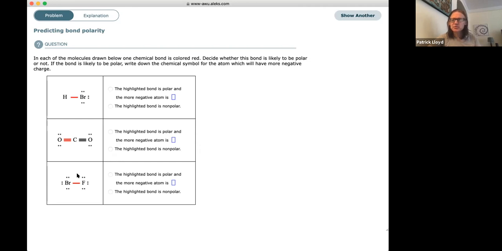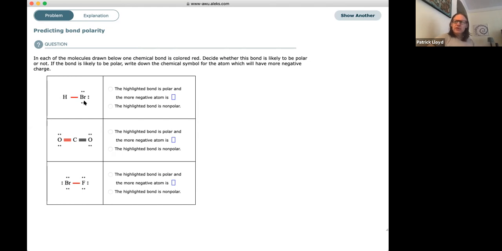Okay, that's very simple. You're just going to look at differences in electronegativity, right? If the bond is likely to be polar, write down the chemical symbol for the atom which will have the more negative charge, right? So just write down the symbol with the negative charge is what they want, okay? So if you look at your Pauling electronegativity chart, hydrogen is 2.1, and bromine is 2.8, I think.